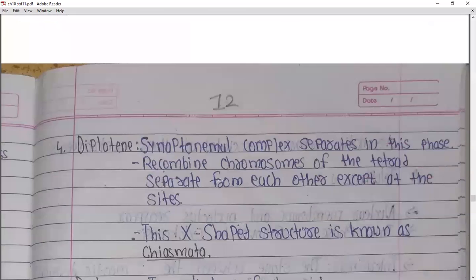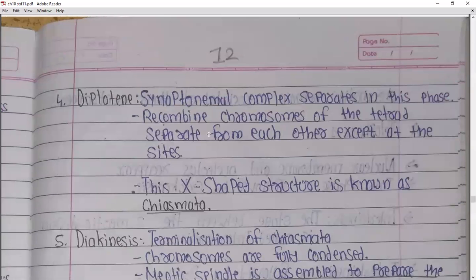Next is the diplotene phase. In this phase, the synaptonemal complex, which was very complex in nature, separates. The recombined chromosomes of the tetrad separate from each other except at the sites where the crossing over has taken place.